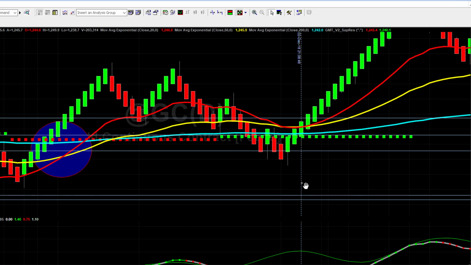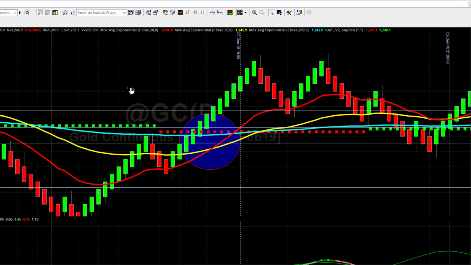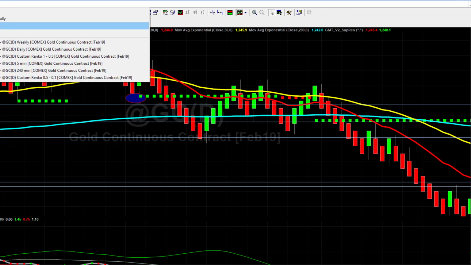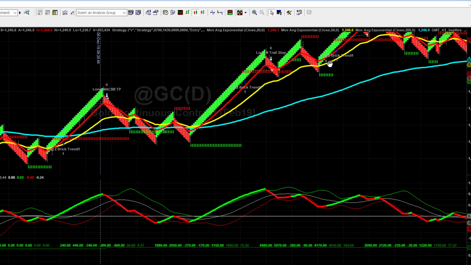Whereas you're going to miss probably some pretty explosive trending moves if you don't take the initial cross of the 200, the 50 and the 20, but you're not going to get caught in a lot of chop as well. So you'll find that if you look at a lower time frame chart, the Renko 0.5 and 1, you'll see it happen quite a bit.